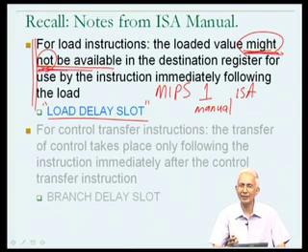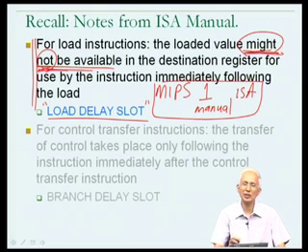In others, it might not be there. But in general, the MIPS-1 instruction set architecture manual does not give guarantees about the availability of the loaded value to the following instruction. And therefore, the programmer in general could learn more about the particular processor that he or she is using, and if he or she finds out that this is not a processor in which this is a hazardous situation, could actually choose to write the instructions in a more aggressive way. Hence, the might not be available. This is just a statement of no guarantee coming from the instruction set architecture manual side.